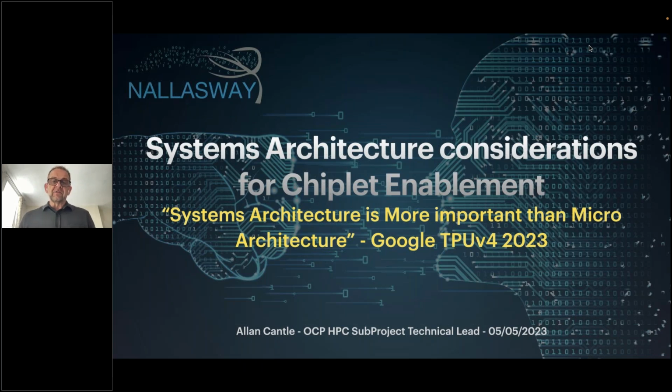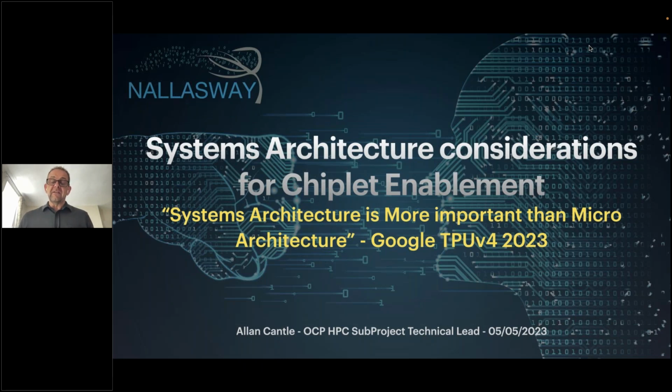But what I'm really taking is a top-down approach, as in system architecture considerations, for this chiplet enablement as we move forward with chiplets. And one thing I wanted to quote, which is something I've been thinking about for many years now, is what Google made clear when they announced their TPU v4 details. To quote an article on this, it said that Google is saying that system architecture is more important than microarchitecture these days.